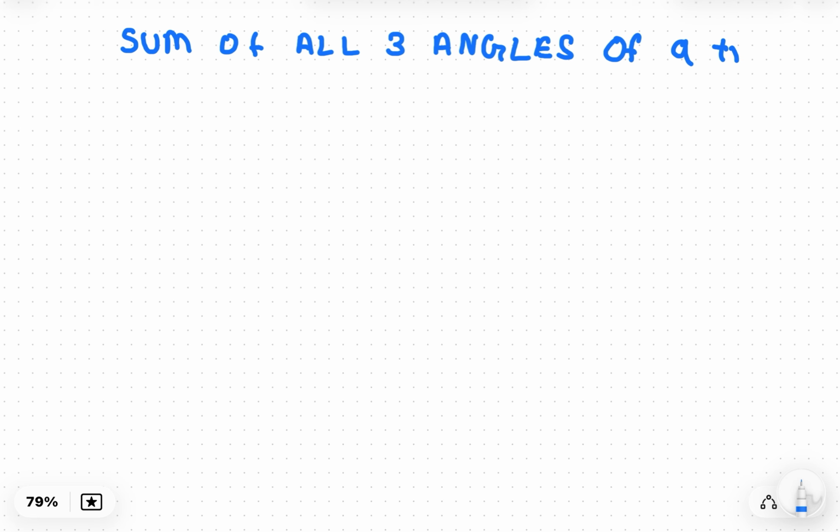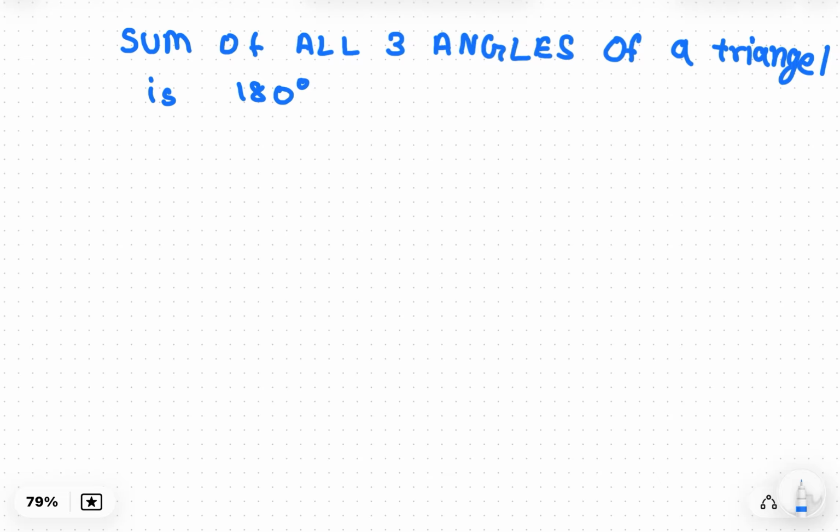Let's say we have a triangle. As we know, the sum of all three angles of a triangle is 180 degrees.